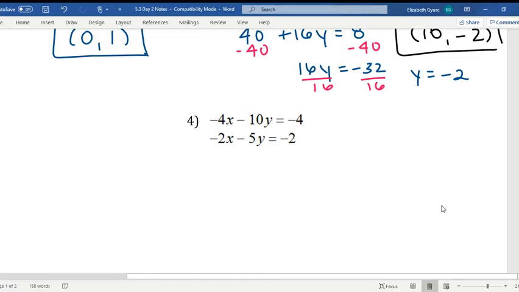Does anyone see an equation that we could multiply by something to get these things to cancel? Is there anything you could multiply one of these equations by to make these cancel? Yeah, why negative 2, Aaron?